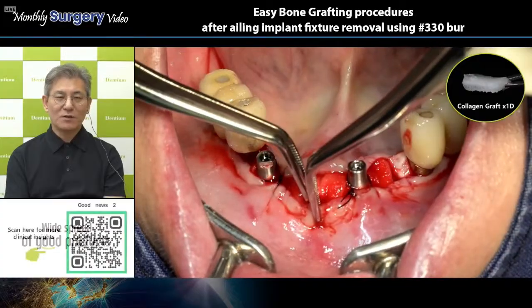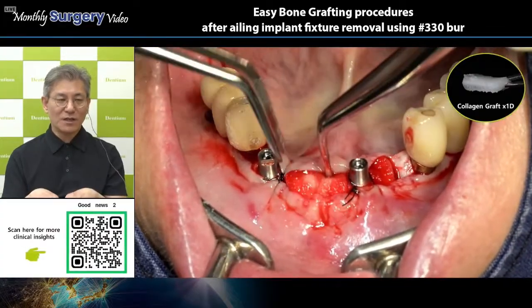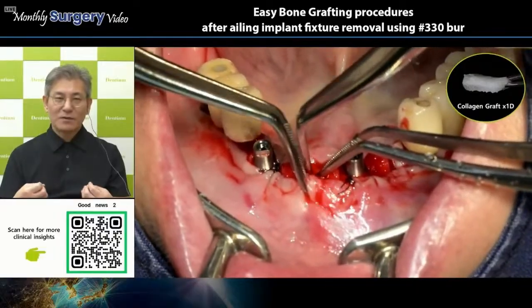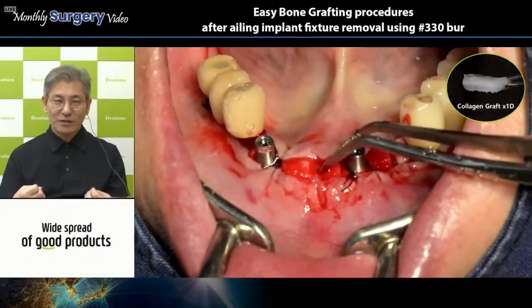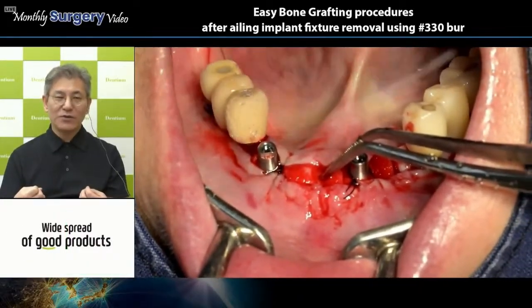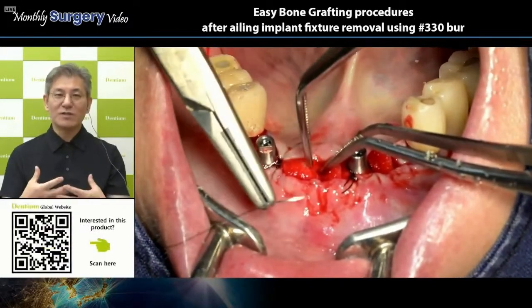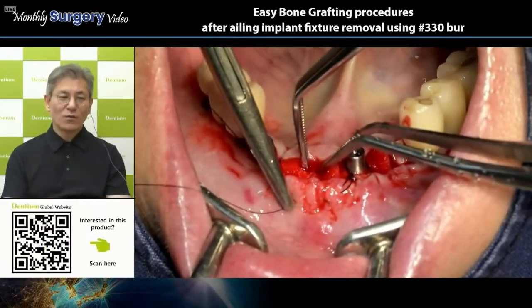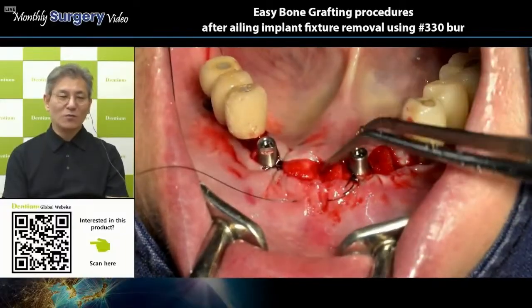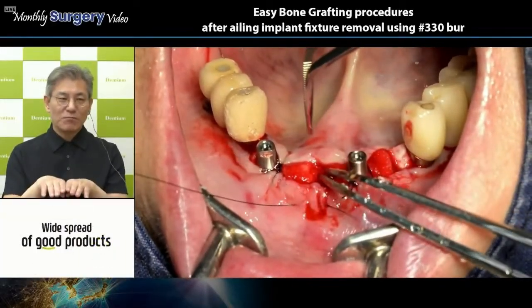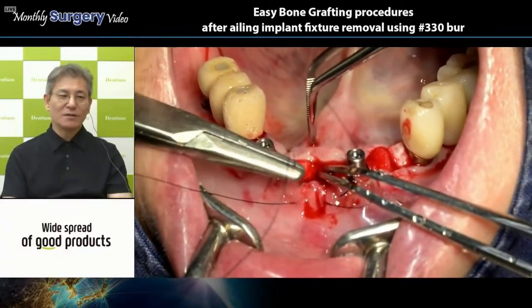Even in a primary closure case, tension will happen and the flap shrinks during the healing period, as you know, right? Also, in this kind of area, the muscle tone will work, so the flap margin will be open.